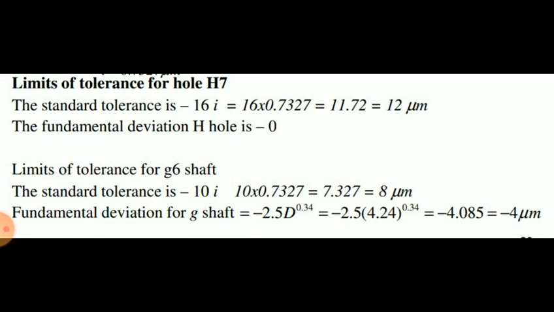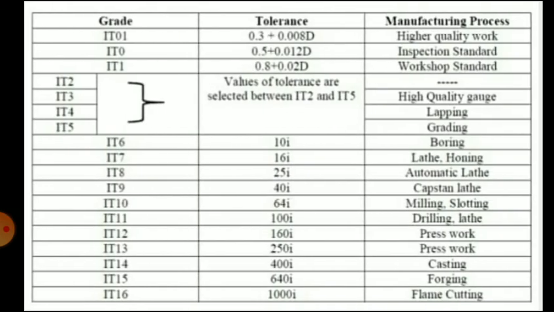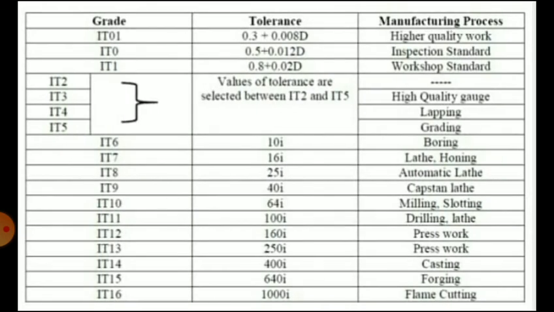Now limits of tolerance for hole H7. So the standard tolerance for the hole is IT7, which means 16i. You can see here IT7, and the value of tolerance you can see in the next column, that is 16i.